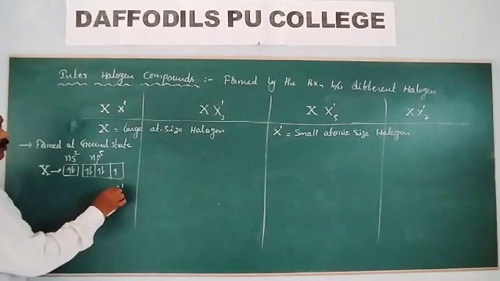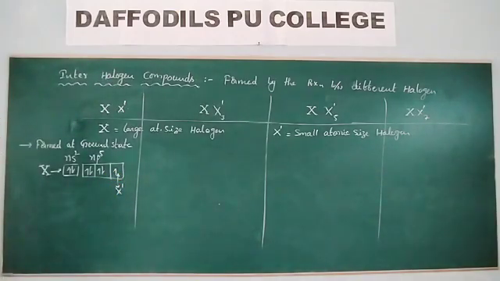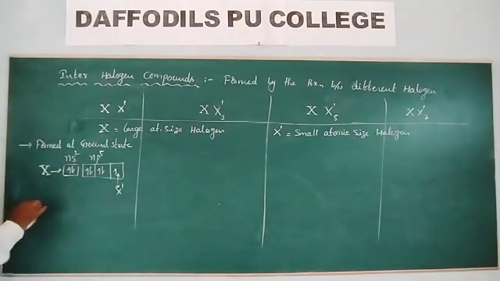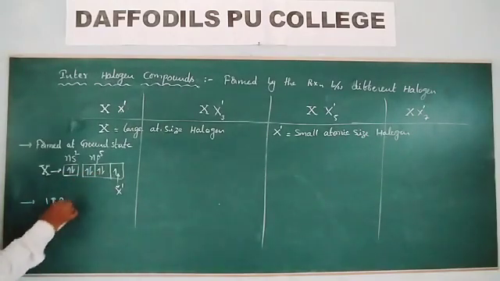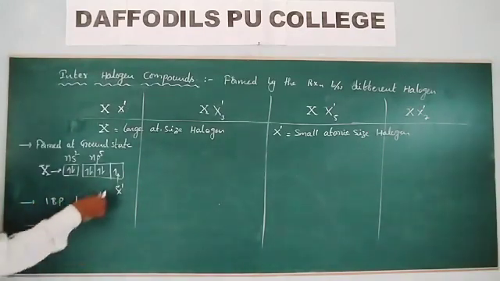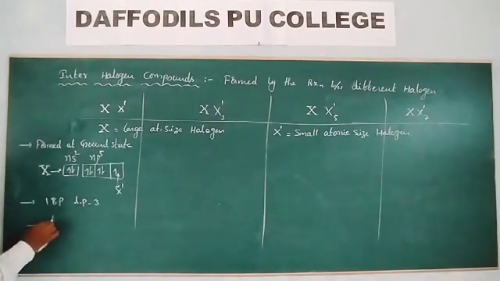X dash is going to bond with this one. So how many bond pairs will you get? Only one bond pair. How many lone pairs will you get? 3 lone pairs. What is the shape of the molecule? Only one bond is there, so ultimately its shape is linear.